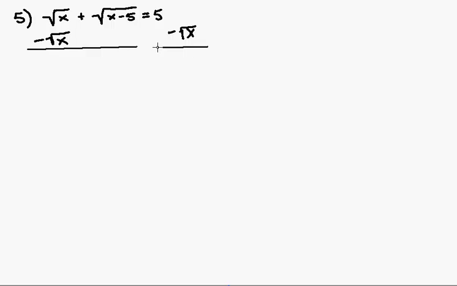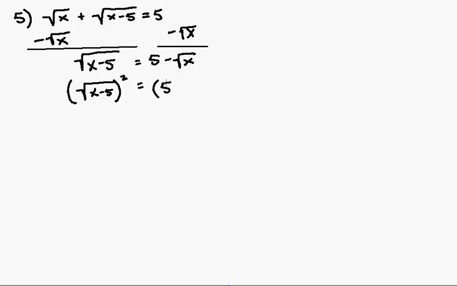So this now becomes the square root of x minus 5 equals 5 minus the square root of x. My next step would be to go ahead then and to square both sides. So we'll square the left and we're going to square the right side of the equation.